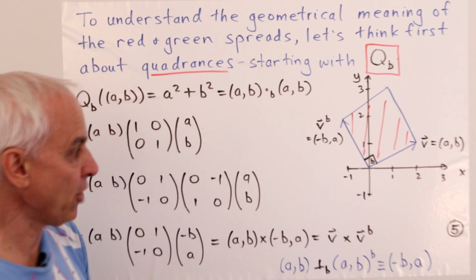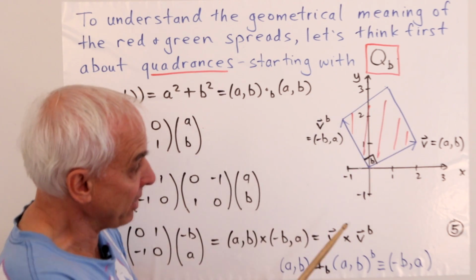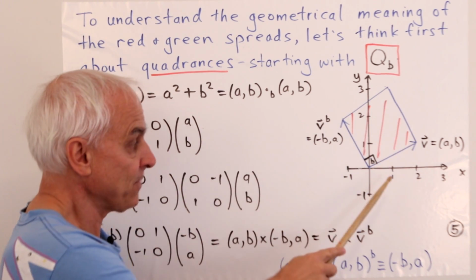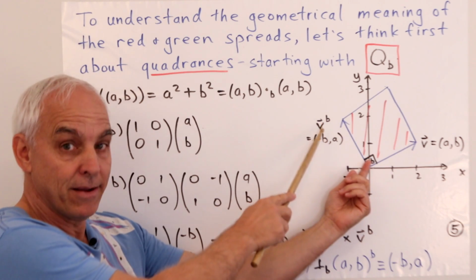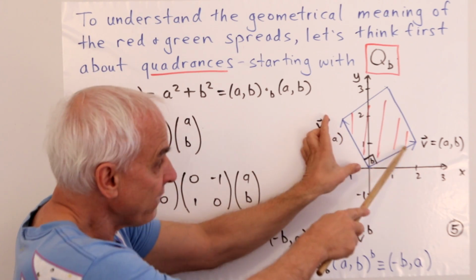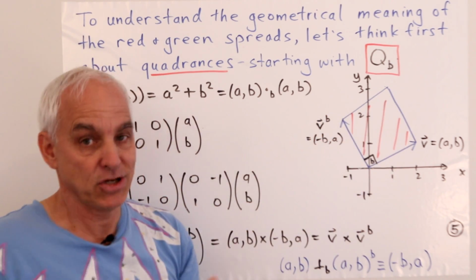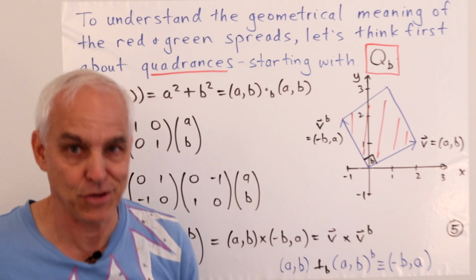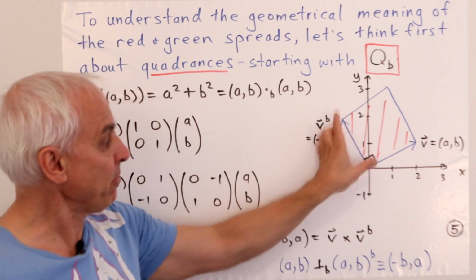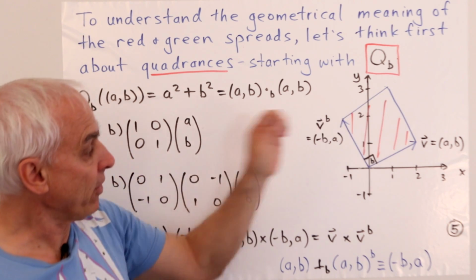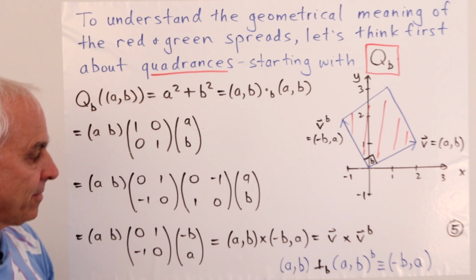It's the signed area of the parallelogram that you get by taking the vector v and the vector v super b, and those two vectors generate this parallelogram, which happens to be a square in the Euclidean geometry, because this is exactly perpendicular and because the quadrance here hasn't changed.